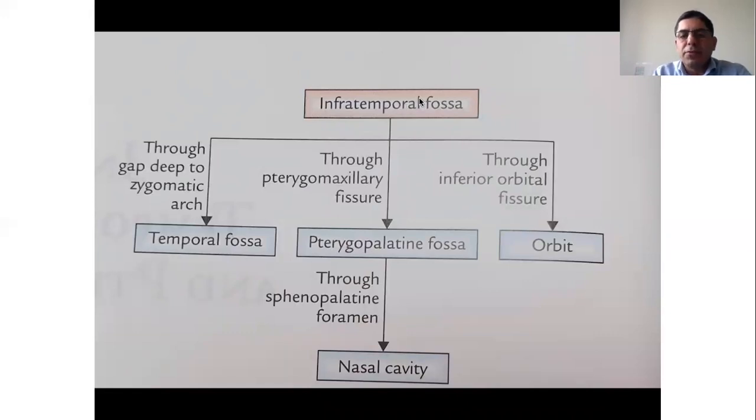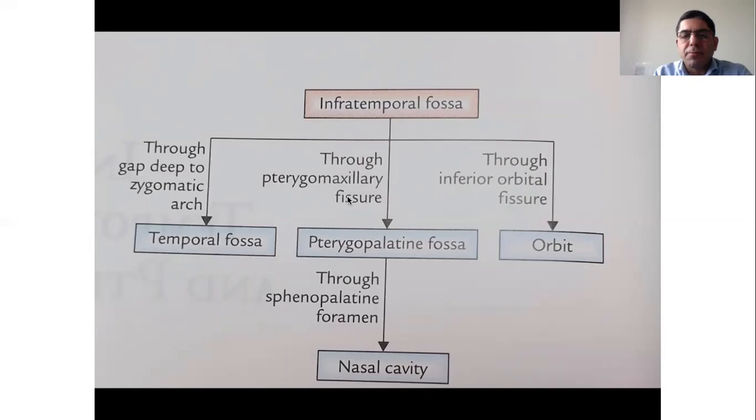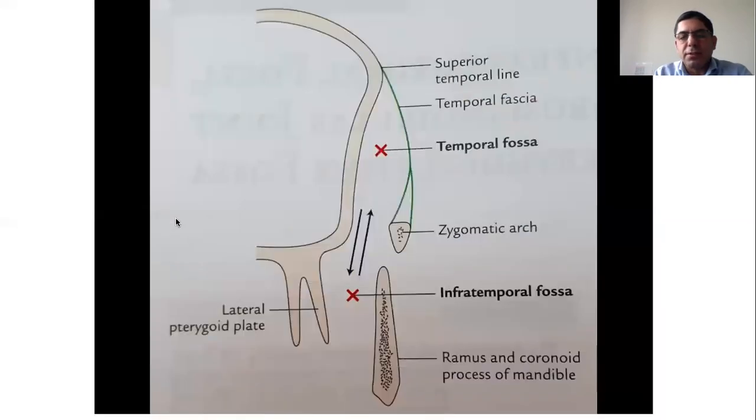From the infratemporal fossa, you can go to the orbit through the inferior orbital fissure. There's a pterygomaxillary fissure, and it goes to the pterygopalatine fossa, which we've covered in a separate lecture. There's a gap to the zygomatic arch and the temporal fossa, right? There's a gap here, and it can go into the temporal fossa.